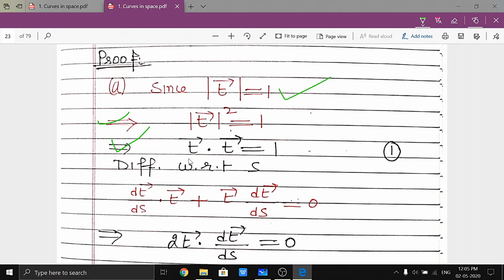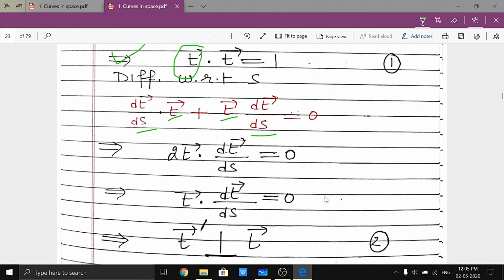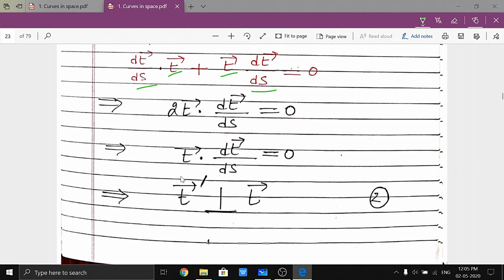First take its derivative: dT by ds dot T vector, plus T vector dot dT by ds, is equal to 0. So it becomes T dot dT by ds equal to 0. Okay? So what is this? It is T dash. T dash is perpendicular to T vector. That is written in equation number 2.